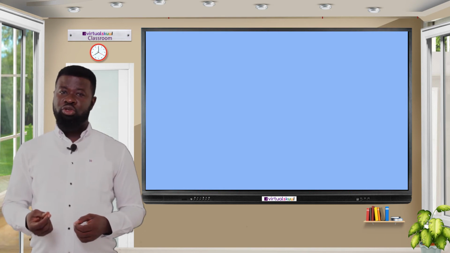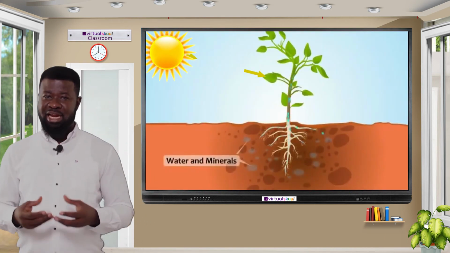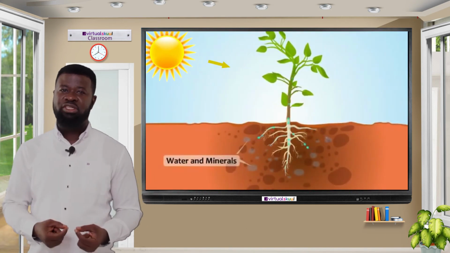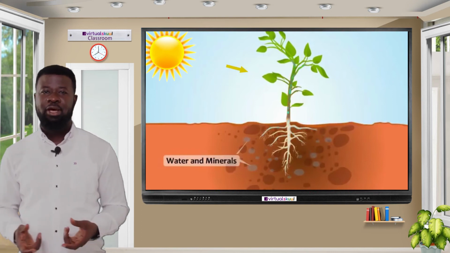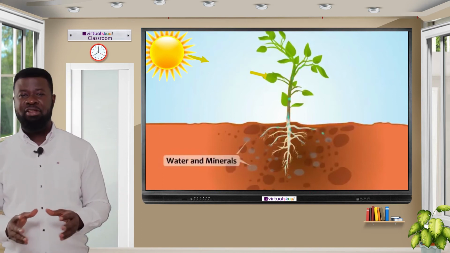Nutrition. Plants, as you saw in the video, need water and food nutrients to stay alive. The root of a plant transports or moves water and food nutrients from the soil into the stem of the plant.